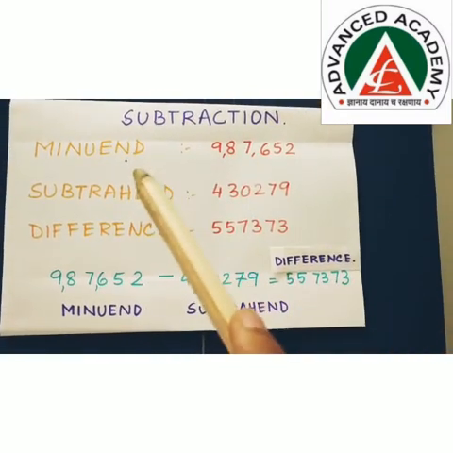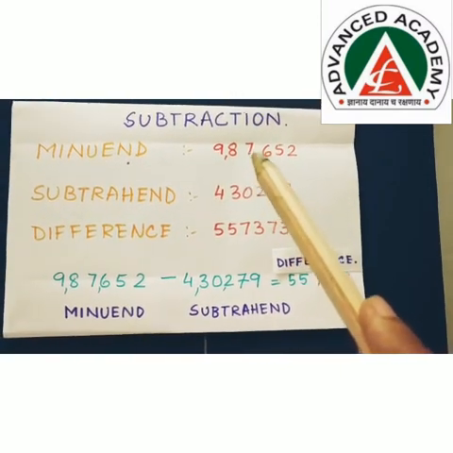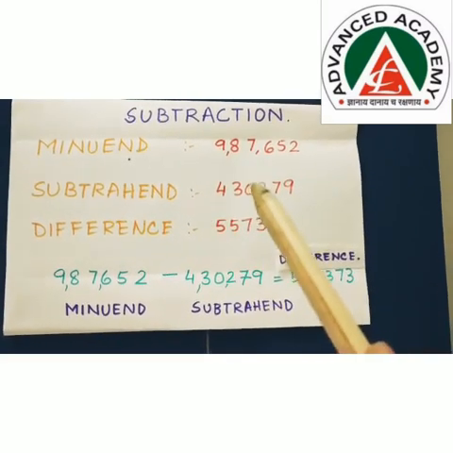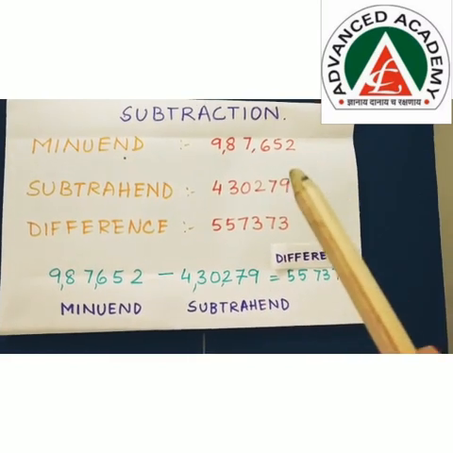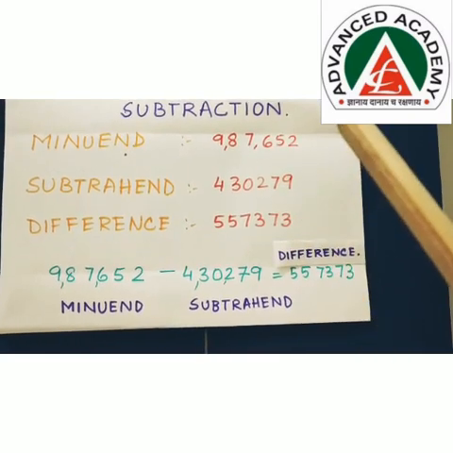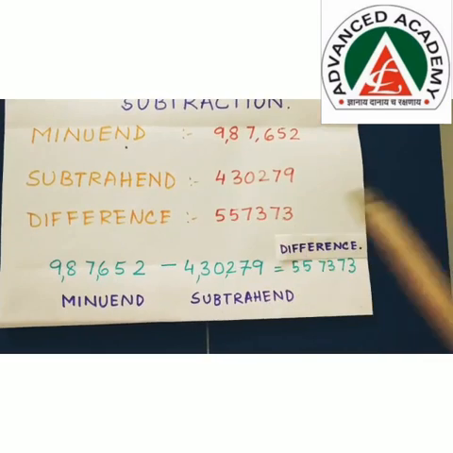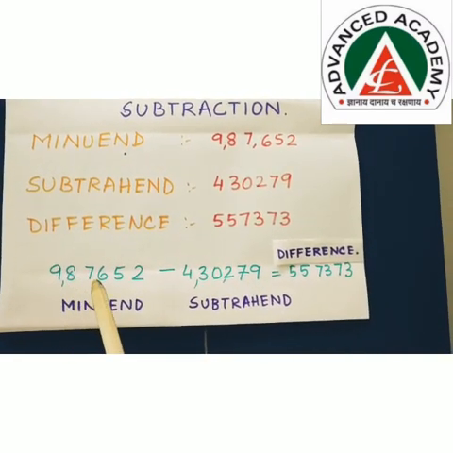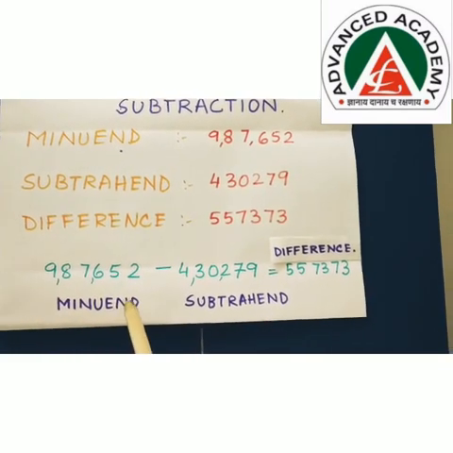Minuend, in simpler words, if I can say, is the bigger number. Subtrahend is the smaller number. And the answer after subtracting the smaller number from the bigger number is the difference. So 9,87,652 is the minuend.